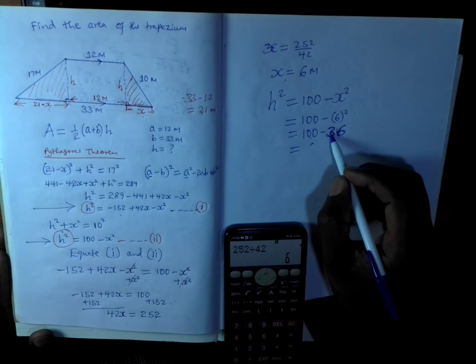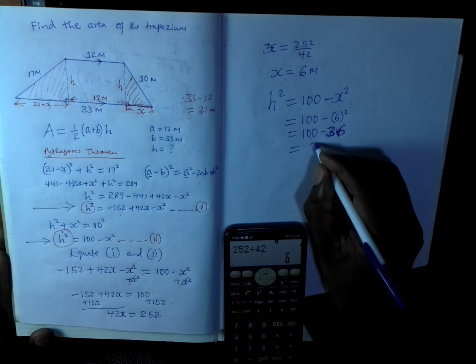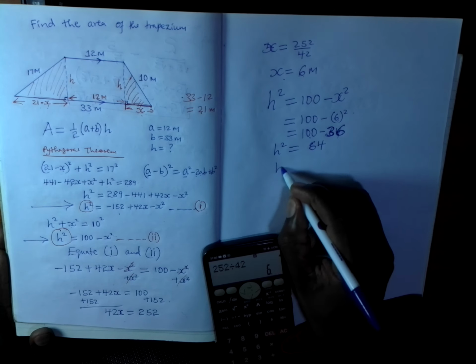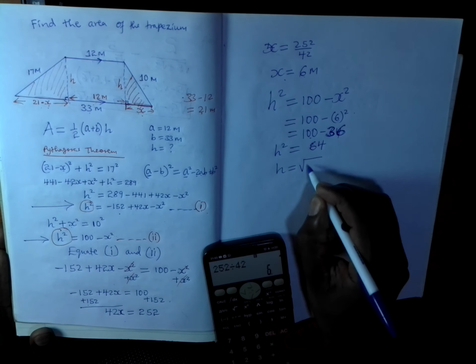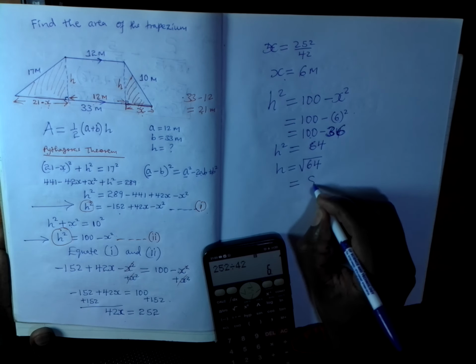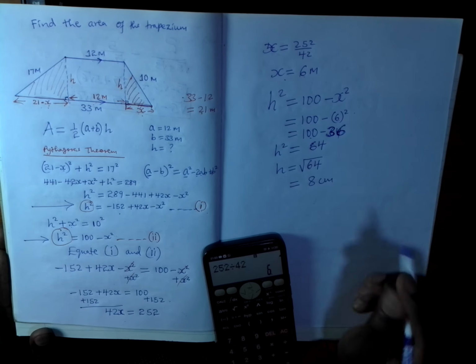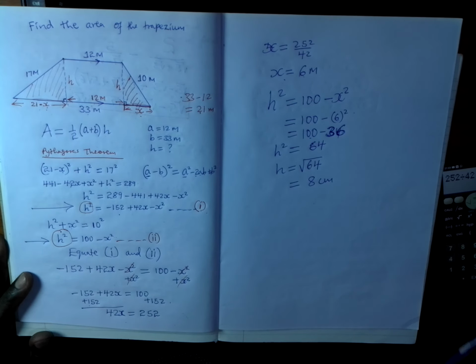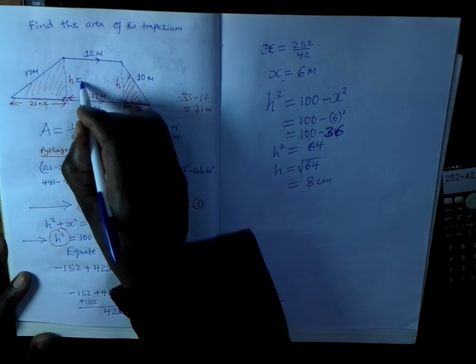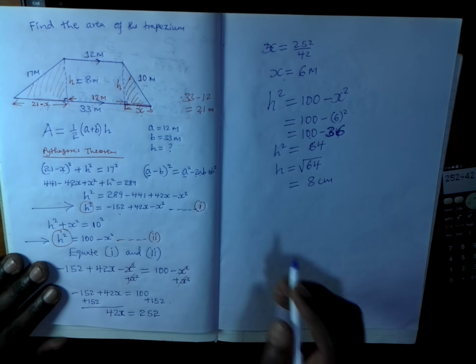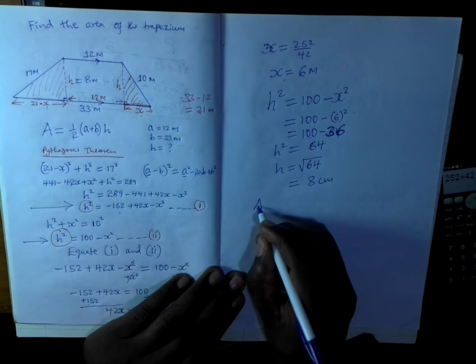So 100 minus 36, we get 64. And therefore, to get h, it is the square root of 64, and therefore h is 8. So finally, h is 8 meters.